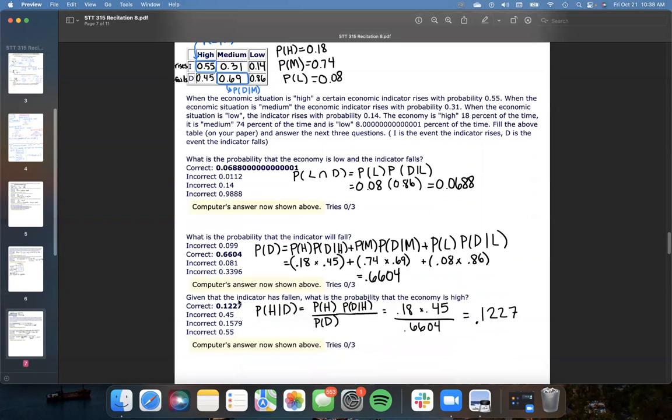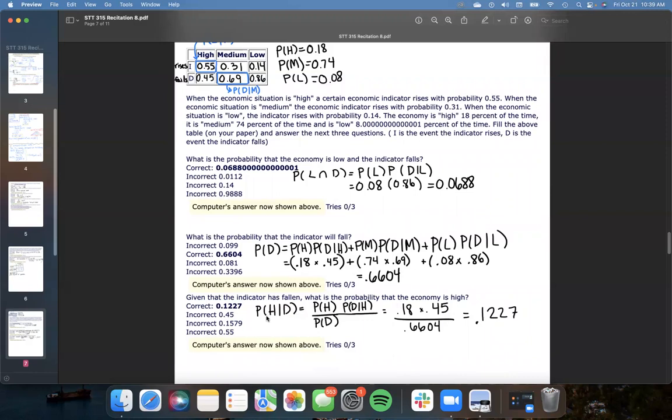Given that the indicator has fallen, what is the probability that the economy is high? Here, given is our keyword, so we're in a conditional probability situation. Given the indicator has fallen, that's event D. What is the probability the economy is high?